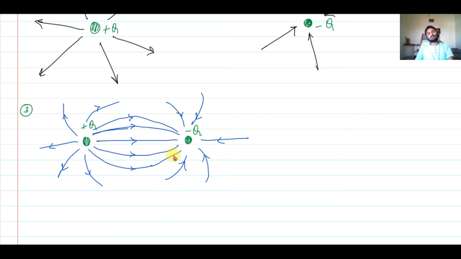All right, so that's the direction. That's how you will draw the electrical field lines around a positive and a negative charge.